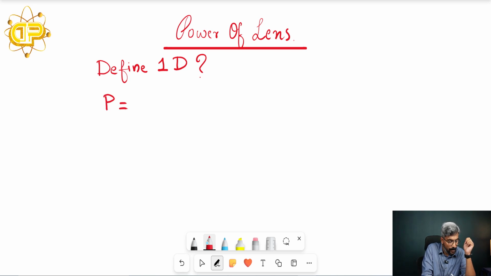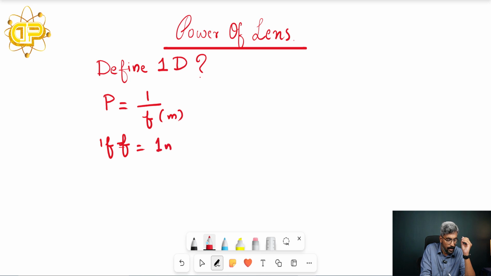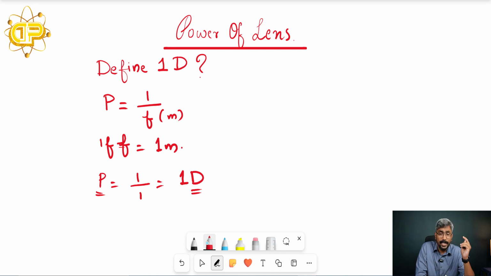Power is equal to 1 by focal length, and the focal length should be expressed in meters, which gives you the dioptre. Just imagine that if the focal length is equal to 1 meter, then your power will be 1 by 1, that is 1 dioptre, because power is expressed in dioptre.